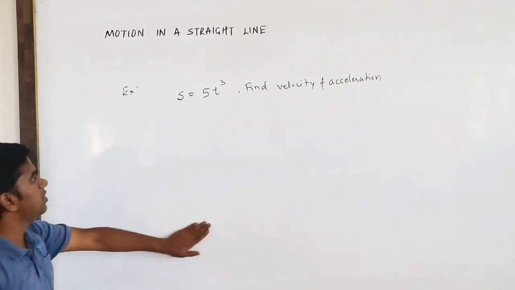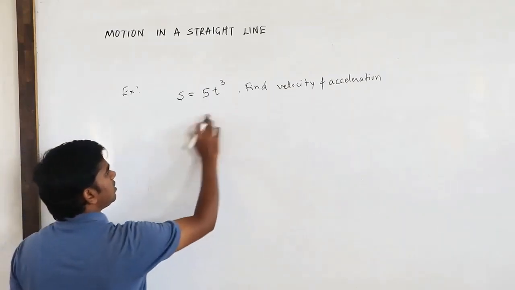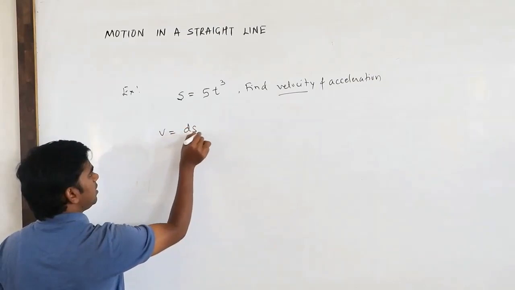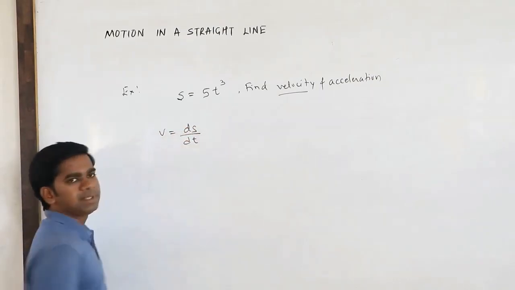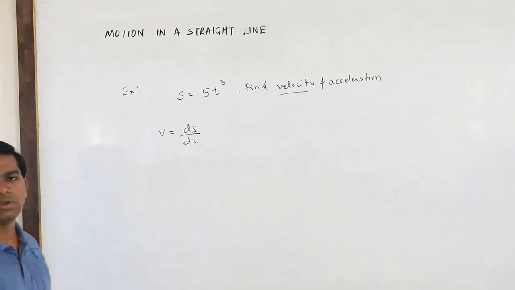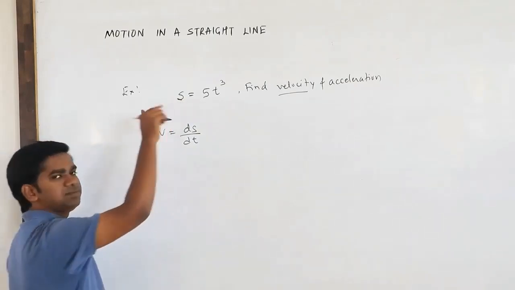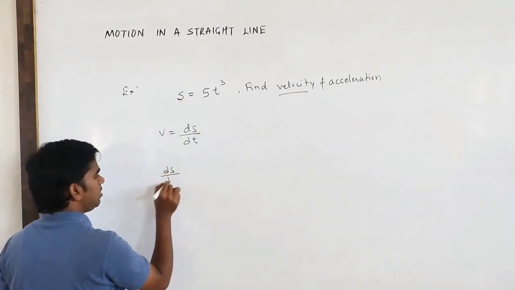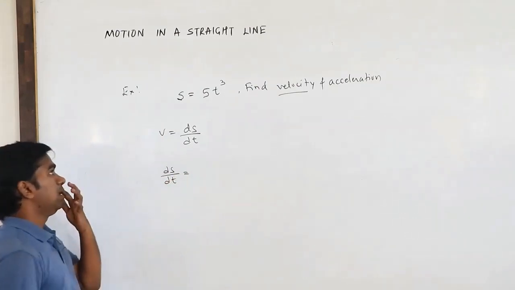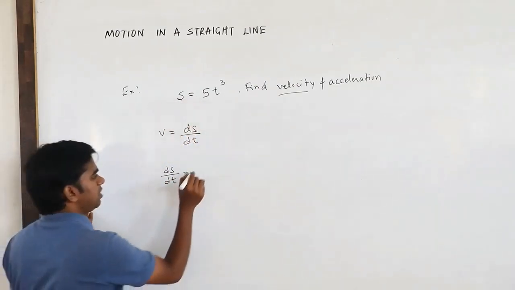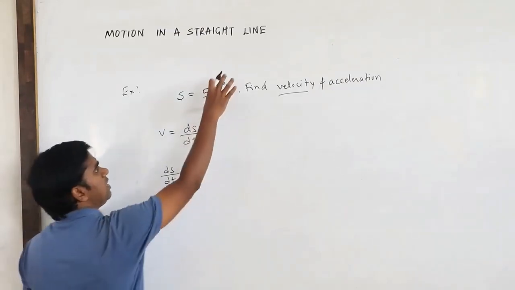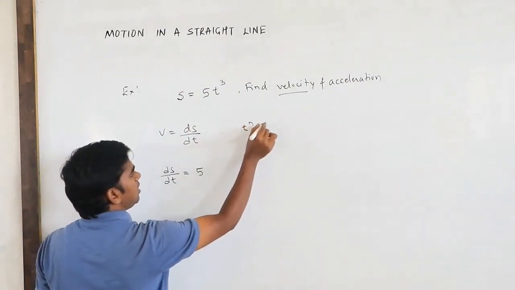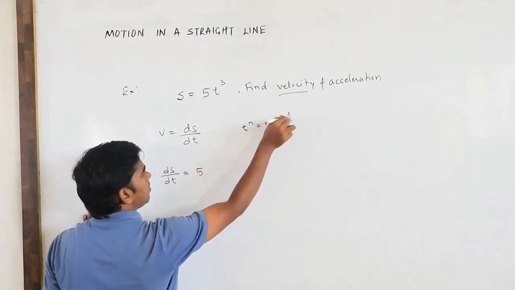So what can you do here? First we have to find velocity. To find velocity, what do you have to do? You have to find ds by dt, which means differentiating s one time. Okay. So ds by dt equals 5, which is constant, so no need to worry about 5, times n into t raised to n minus 1.